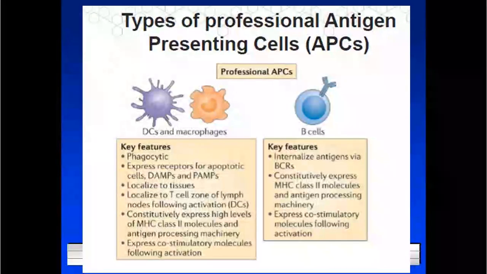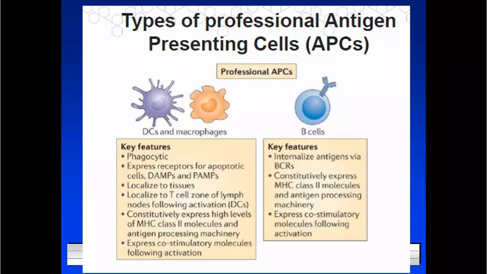The other slide talks about the professional antigen presenting cells, and this is a review. You have already studied the antigen presentation process. So we have mainly three types of professional antigen presenting cell, and broadly speaking, we have professional antigen presenting cells and general antigen presenting cells.